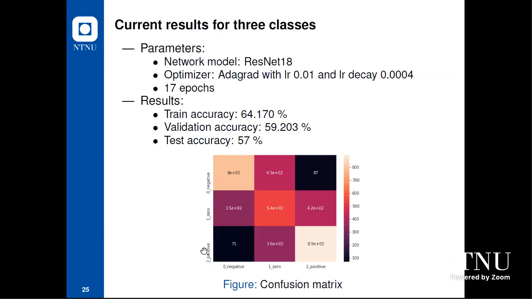Maybe I can assign a greater loss if I say that something is positive while it is negative, or vice versa, and a smaller loss if I say that something is negative while it is zero, or positive and zero, because actually negative in reality is closer to zero than to positive. So this is the reason why I've sorted the classes in this way. Otherwise, they were sorted alphabetically, and so I wouldn't have been able to do so.